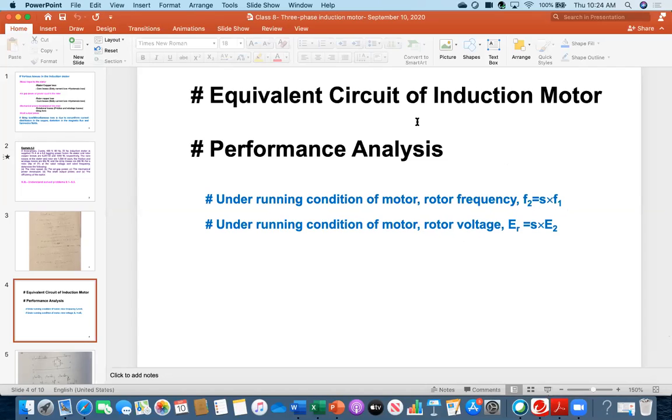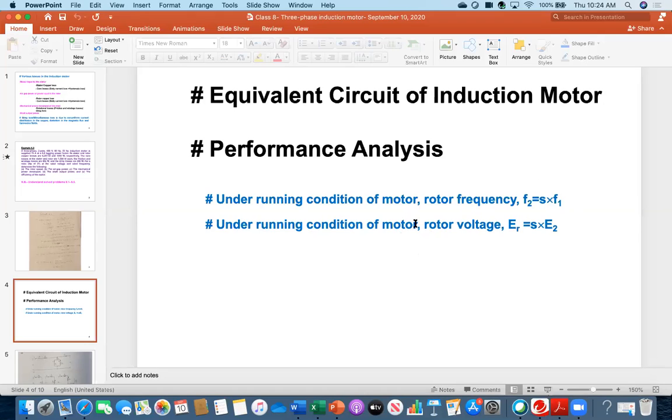So when we draw the equivalent circuit, you have to take this into account. Also, during running condition, the rotor voltage is s multiplied by the previous voltage, meaning the E2 before running condition. So both the frequency and the rotor voltage under running condition are multiplied by the slip. That is the key point to remember.